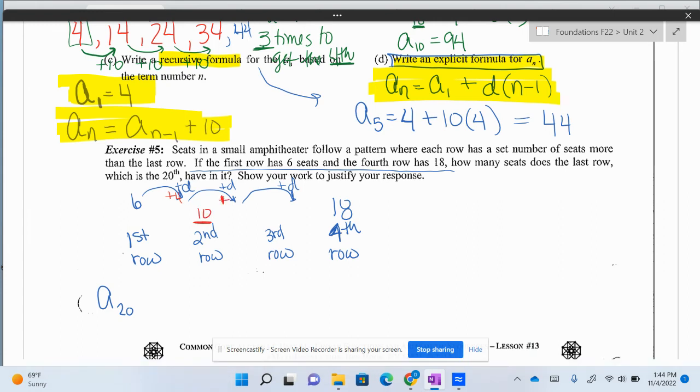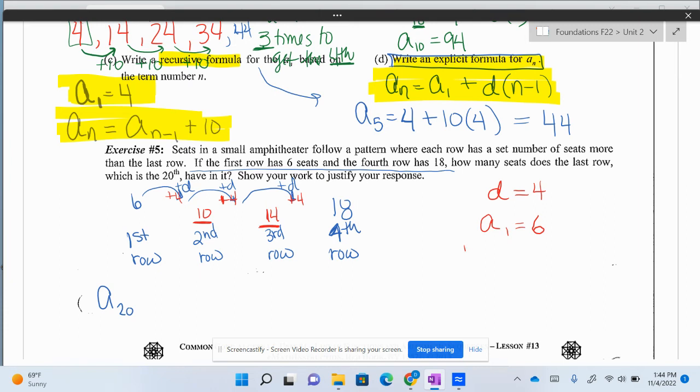And if I add 4 more to that, I get 18. Okay. So my common difference is 4. I need that. My first term, or how many seats are in the first row, is what? 6. Right? I have 6 seats in the first row.